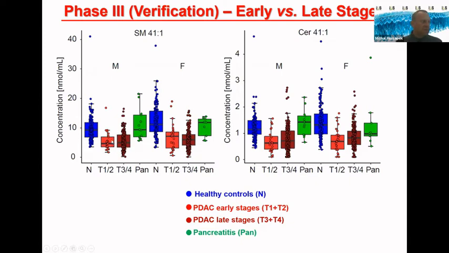The lighter red color shows early stages, and darker red or brown means later stages, and you see almost no difference, which is really excellent. It confirms that our accuracies for early stages are the same as for later stages, which was something really questioned by one reviewer, but finally accepted that we have data for such a claim. And in green, you see pancreatitis.